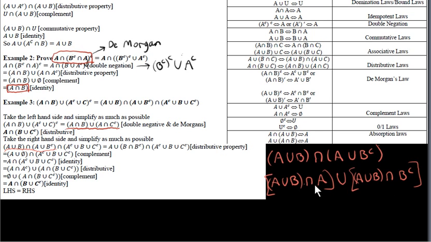Now we can use the absorption law here on this first set. A union with B intersecting A is just A, whereas the absorption law turned around. So this set here is just A. So I'll write it over here. And we want A union with this set here, A union with B intersecting B complement.